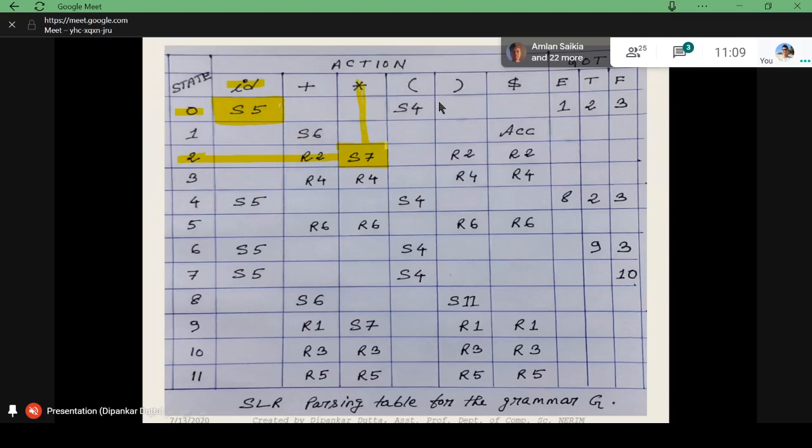And we followed the same rule for all the S. Like here, 1, 2, 3, 4, 5, 6, 7, 8, 9, 10, 11, 12, 13. Okay? So 13 shifts are available within this example.